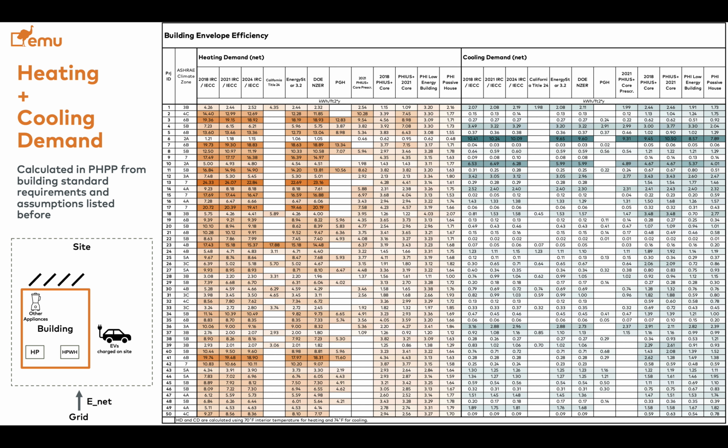So these numbers are driven by the climate, by the geometry of the building, the form factor, how complex the shape is or how simple the shape is, the orientation, the passive solar gains, and the amount of insulation and air leakage that we can expect from buildings built and designed depending on each building standard that we have.